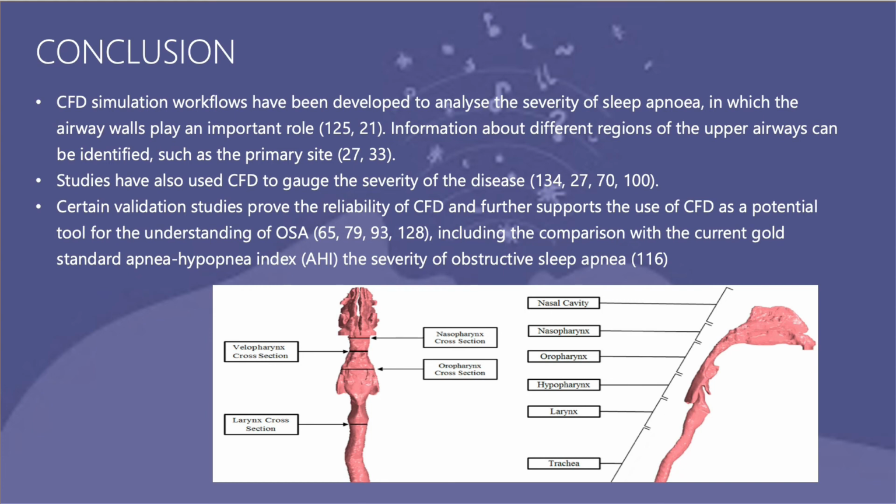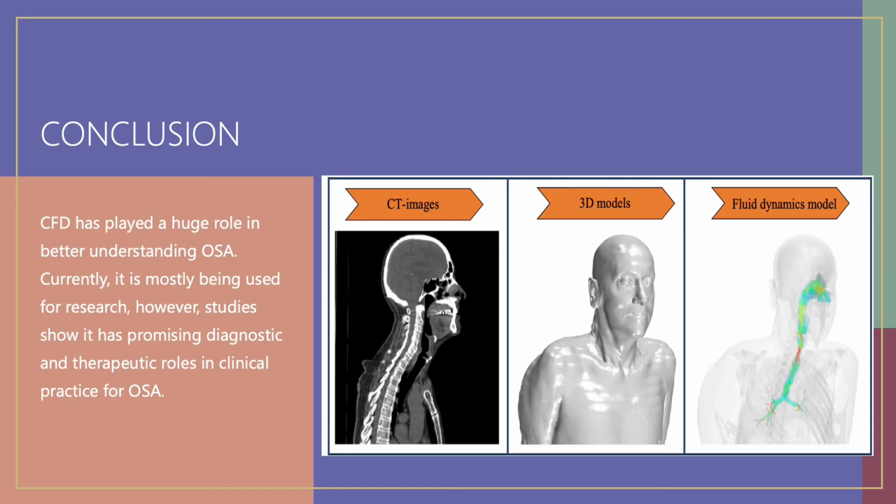Information about different regions of the upper airway can be identified, such as the primary site. Studies have also used CFD to gauge the severity of the disease. Certain validation studies prove the reliability of CFD and further support the use of CFD as a potential tool for understanding OSA, including comparison with the current gold standard, the apnea-hypopnea index, for assessment of OSA.